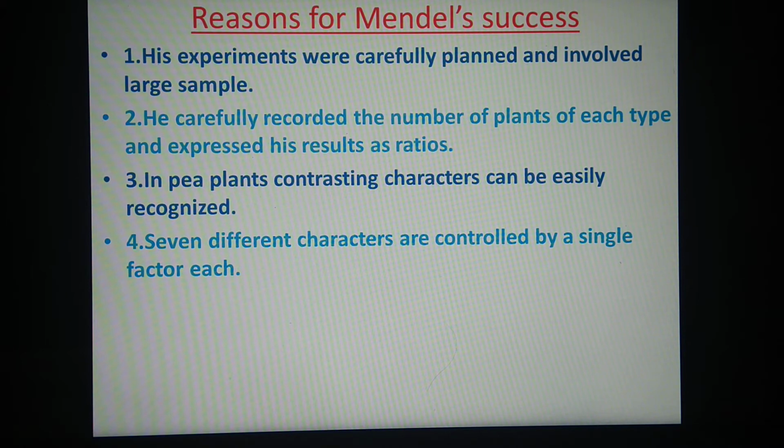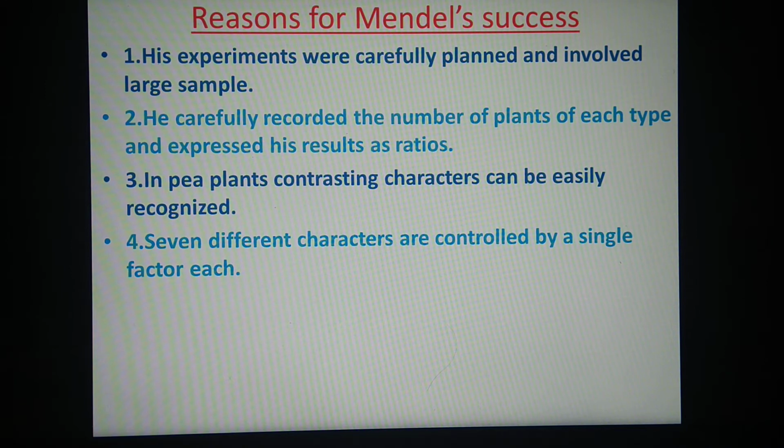During Mendel's time, genes were not discovered and hence they were called factors. So for 7 different characters, 7 different factors were present, and these were present on different chromosomes.